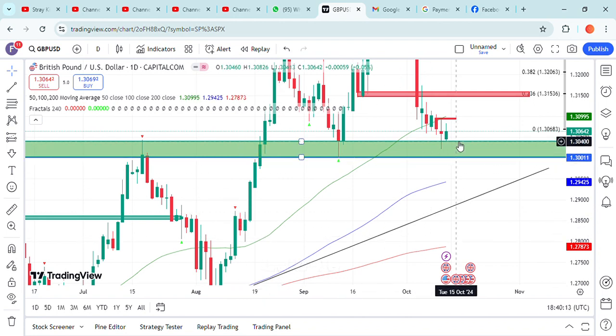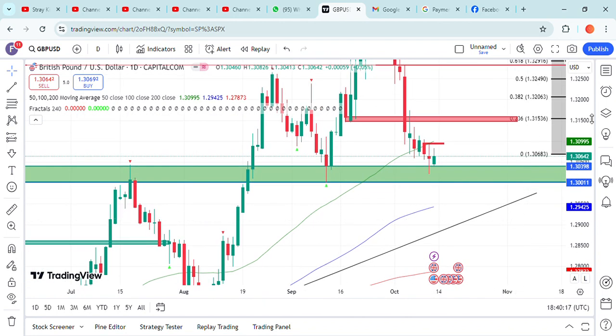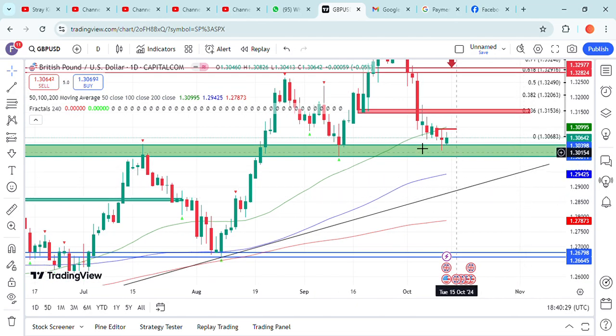Because I ran all of the analysis previously, and I know all of the levels. This is a buy level, so obviously if it fails, if a daily candle closes below this level, then definitely the market is coming back down 400 pips. So in that situation, why not take a risk of around 200 pips to target 403 pips.